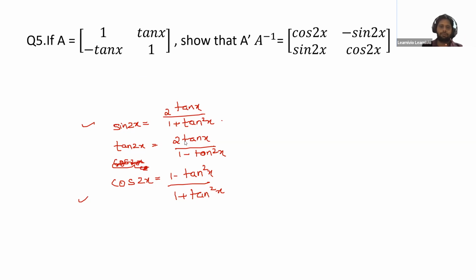I guess, Abdul, you are not getting tan square. You must get 1 plus tan square if you find the determinant of this. So the determinant will be equal to 1 plus tan square x. This is the determinant. Am I correct?